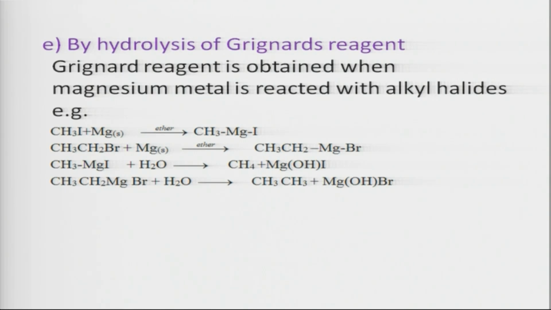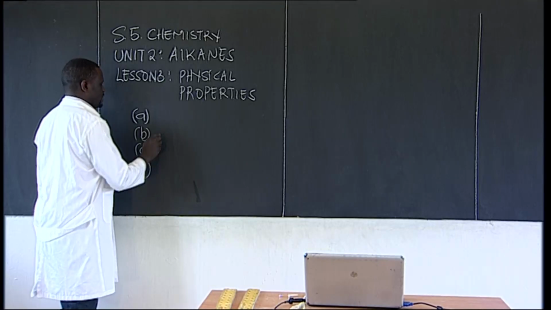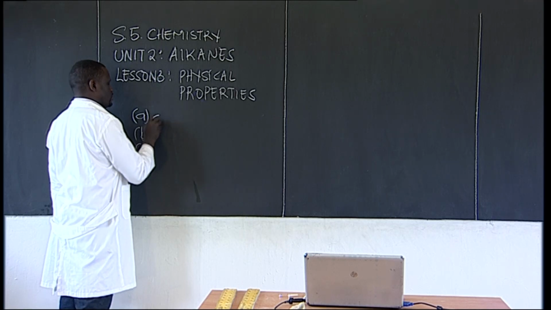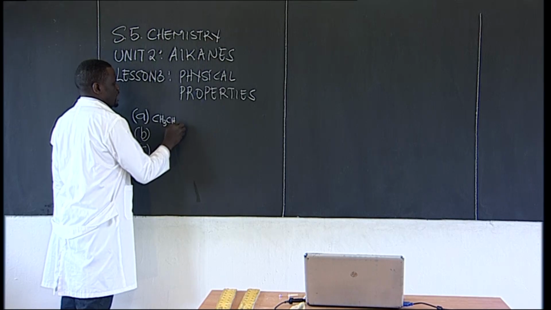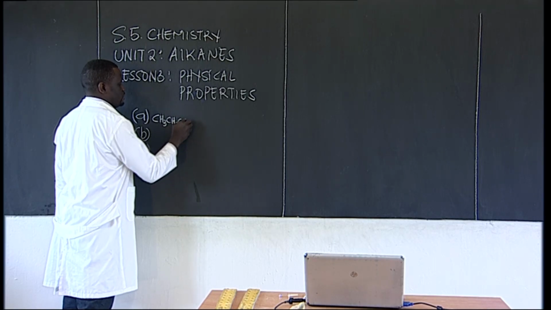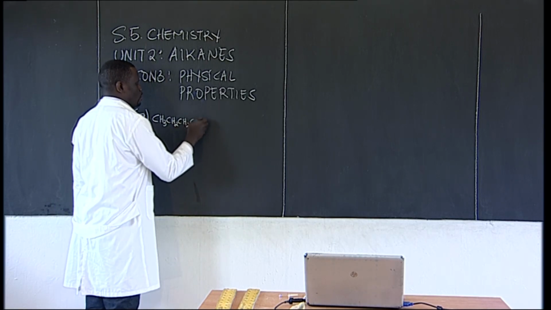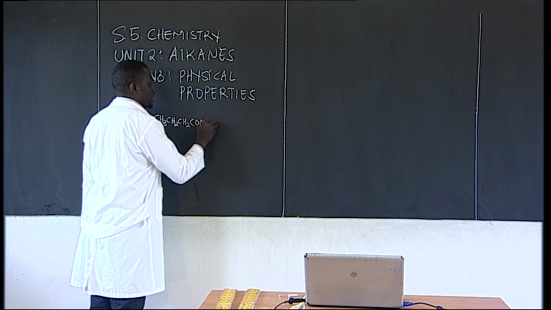For example, method number 1, we had A, B, C, and D. The first one was about decarboxylation, where we had left you with some work to do. In chemistry, we can write it like this.